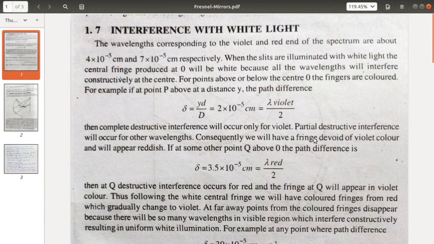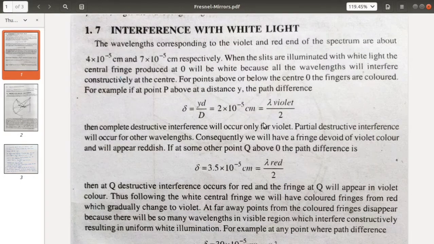Partial destructive interference will occur for the other wavelengths, which means the path difference need not be exactly lambda by 2 at this point, but nearly equal to lambda by 2.